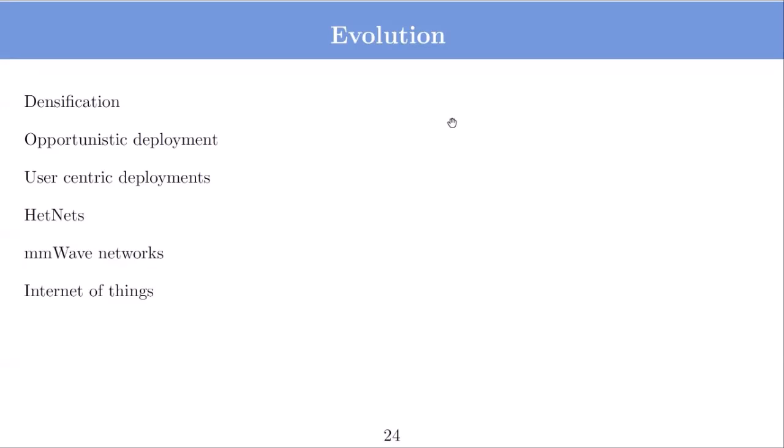These differ in their power, transmission, number of antennas, and so on. Then we also see millimeter wave networks, which are more random and which have smaller coverage. And then we are also seeing the Internet of Things, where you will see a high density of small power devices connected to each other.